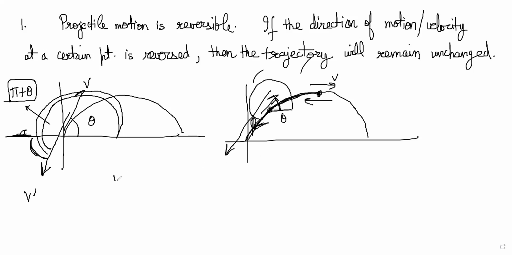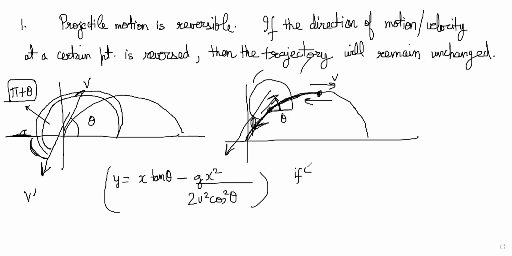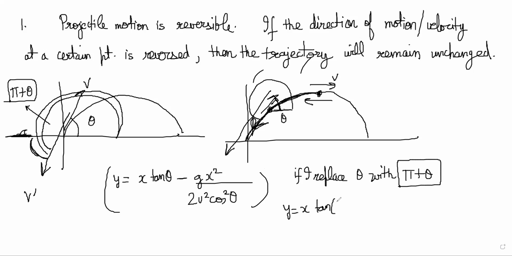So let's look at the trajectory equation: y equals x tan theta minus g x square by 2 v square cos square theta. In this equation, if I replace theta with pi plus theta, let's see what the trajectory equation becomes. y is equal to x tan of pi plus theta. Now you know that tan is positive in the third quadrant, so tan of pi plus theta remains the same as tan theta.